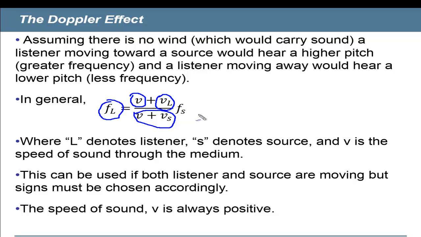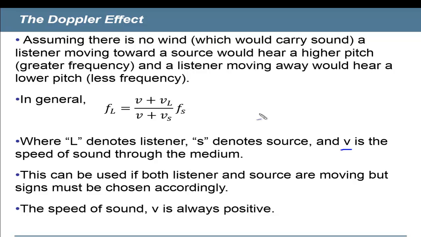So really the frequency the listener hears is the same as the frequency of the source, but then it's modified somehow based off of the movement by the listener and or the source. Like I said on the previous slide, L denotes the listener who's hearing it, S denotes the source where it's coming from, and V is the speed of sound through the medium, which can vary from medium to medium, but for the most part we will use air if we're talking about listening to something.